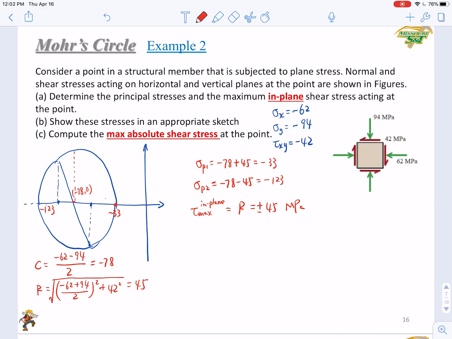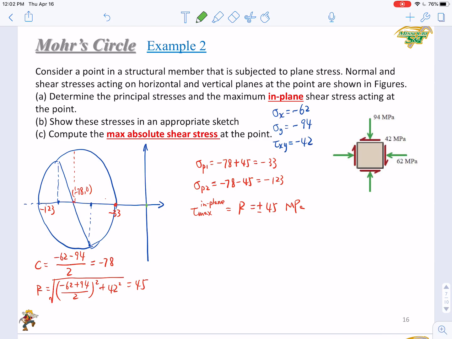Then how about the maximum absolute shear stress? Here you can draw another basic Mohr circle. One of them will be here: just find the negative 33 and 0.